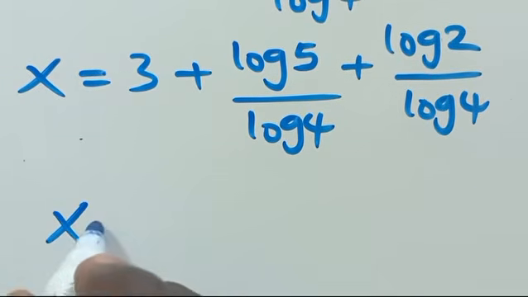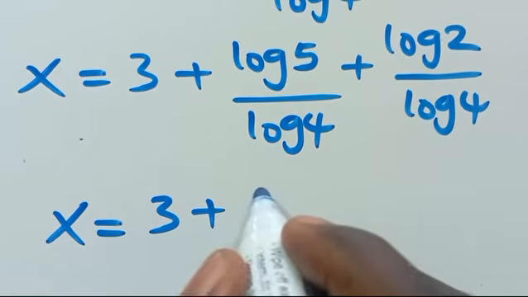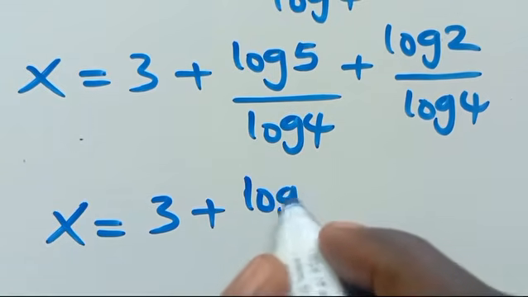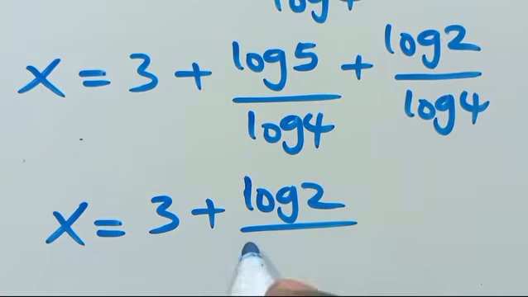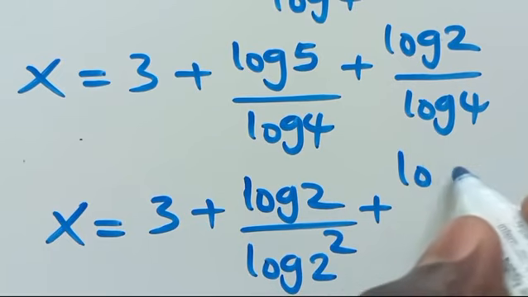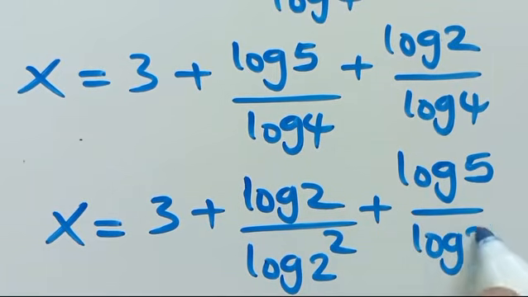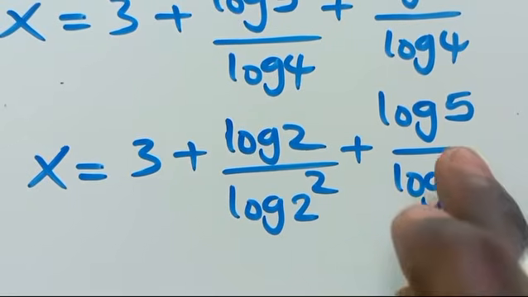We have x equals 3 plus, for log 2, this will be log 2 to the power of 2 plus log 5 over log 4.